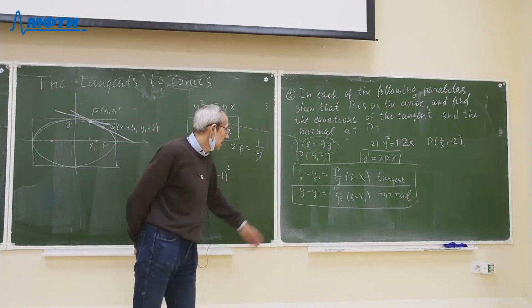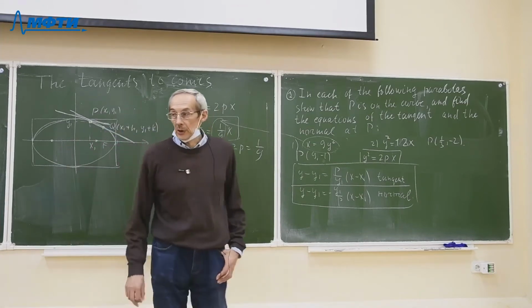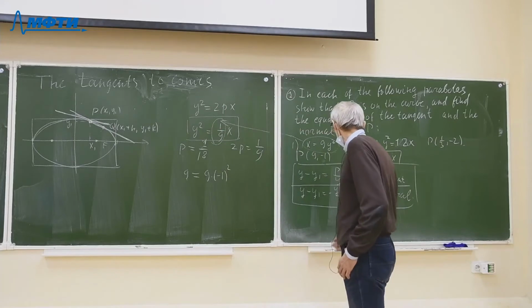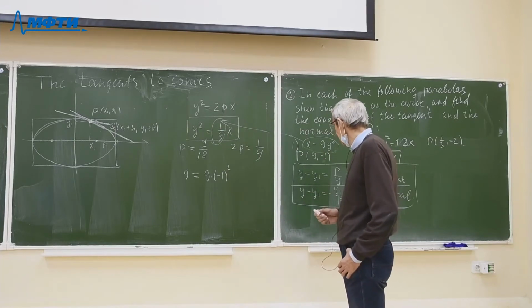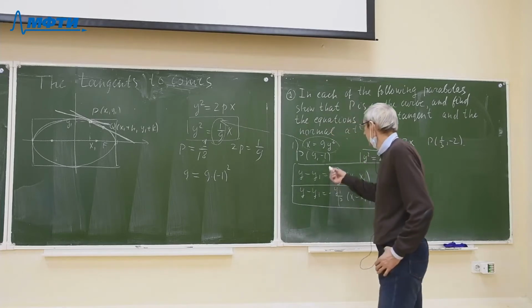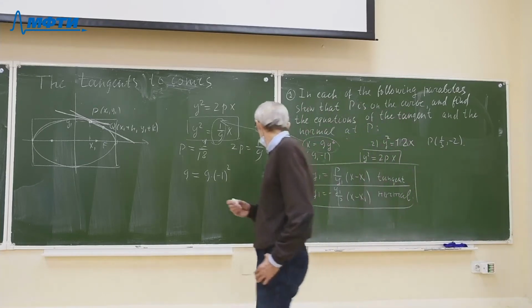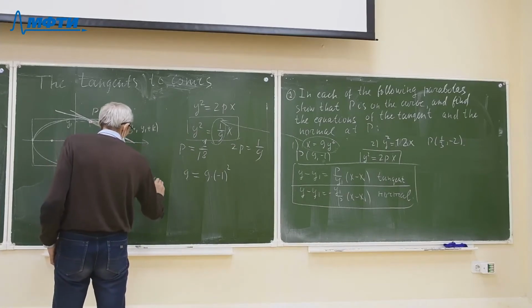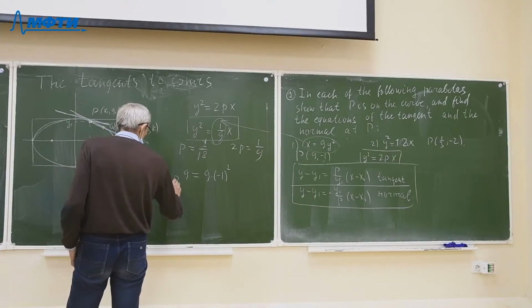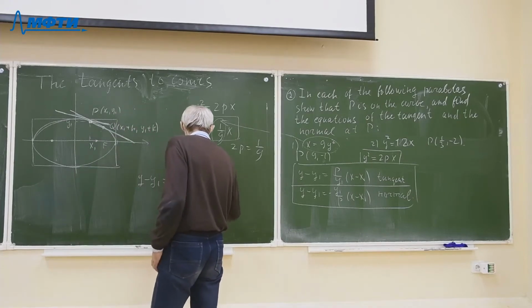And after them, we can obtain the equation of the tangent and normal line, substitute the given values of the coordinate parameters in the equation of the first tangent. We obtain y minus y1 is equal to the ratio p over y1 times x minus x1.